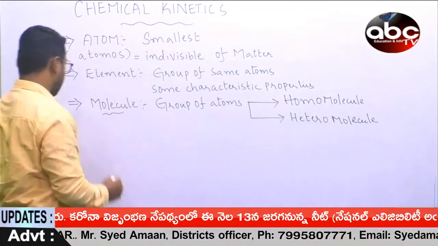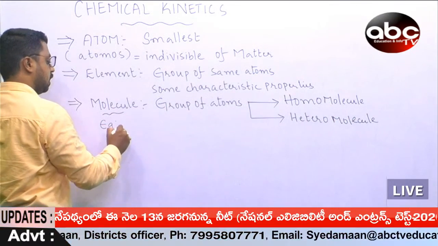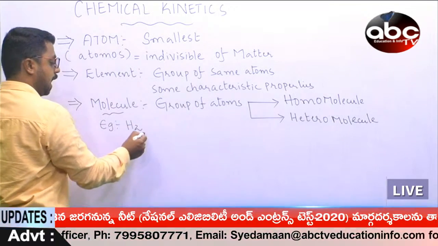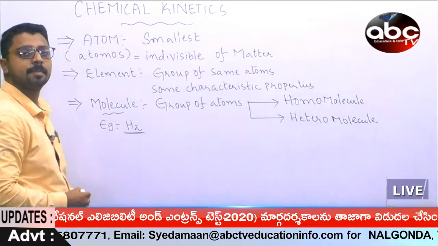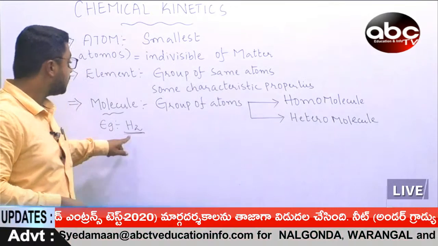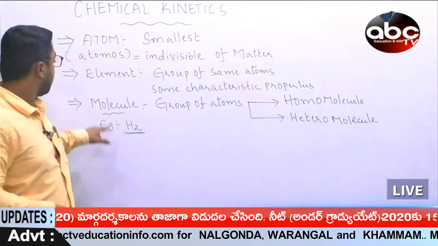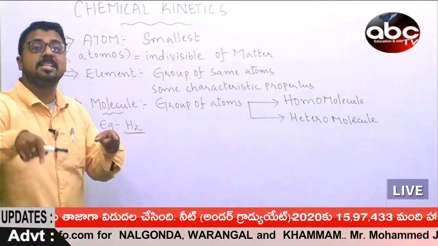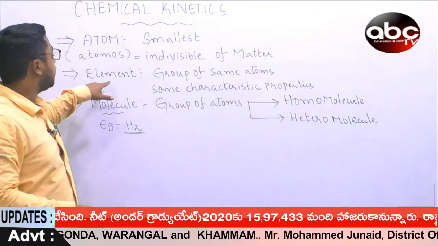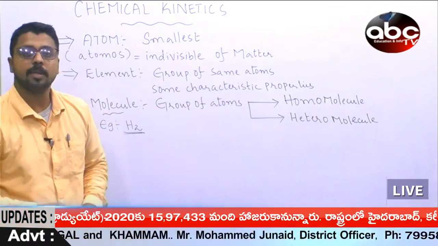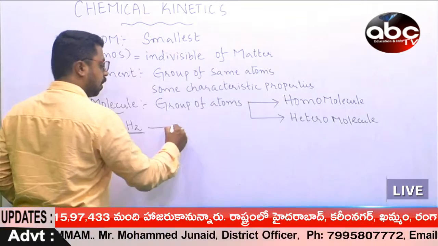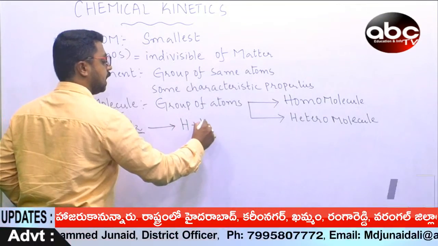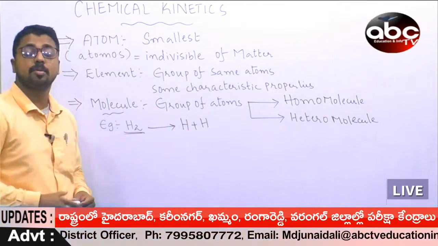For suppose, if we take H2, this is the existence form in the gas. I just said that a molecule is the existence form for gases, whereas an element is the reactivity form. So what about this one? This is formed by H plus H, the two same atoms.